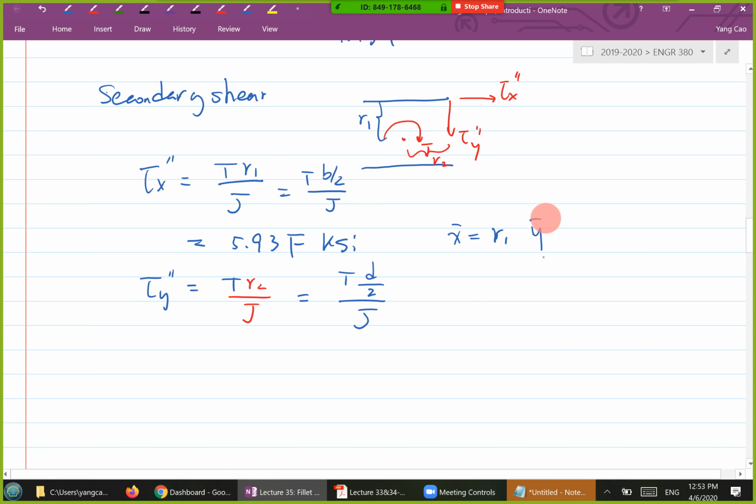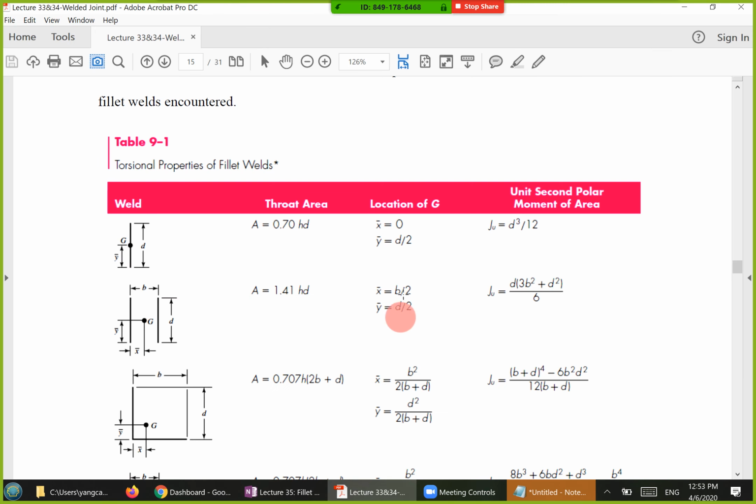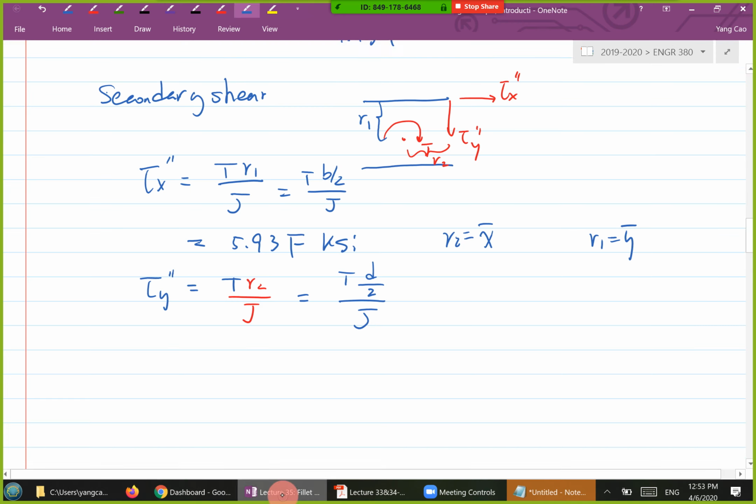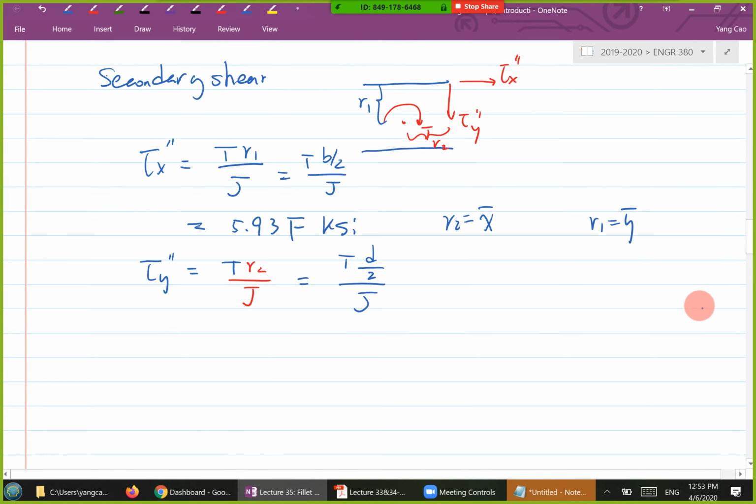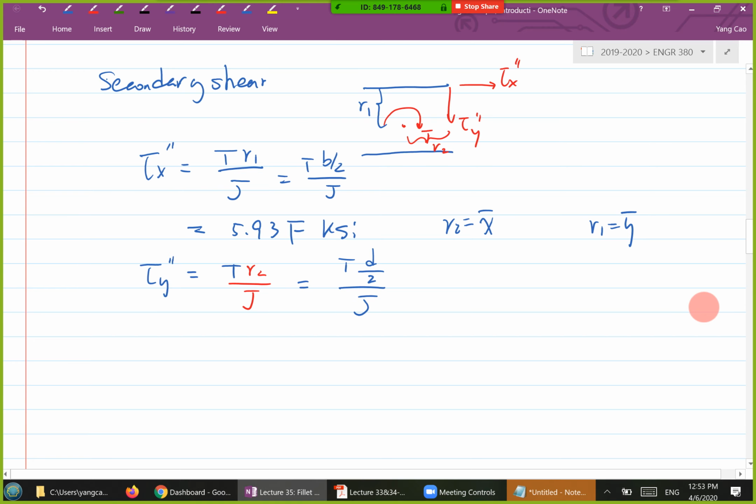Actually, sorry, R2 is x bar, and R1 is y bar. And as the dimension given here, you have x bar and y bar. That table is very useful to find the correct numbers based on dimension.